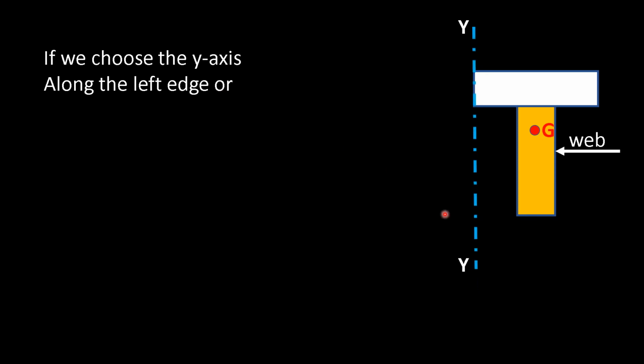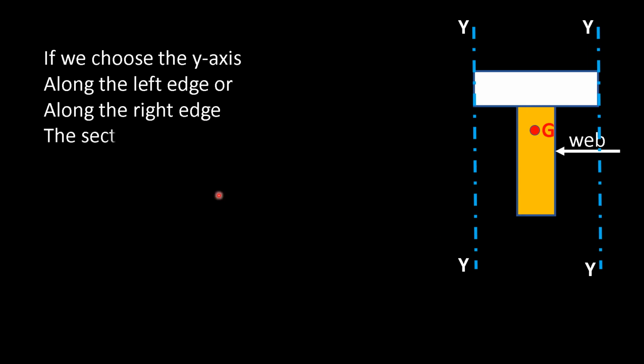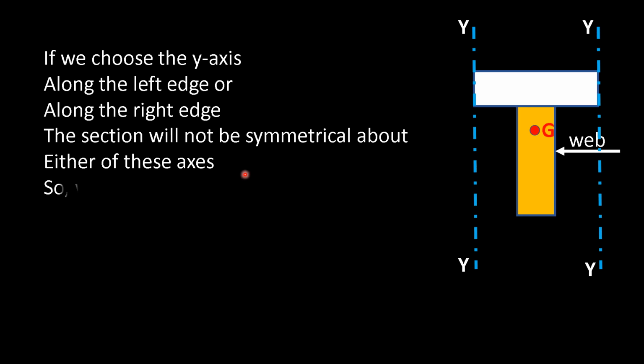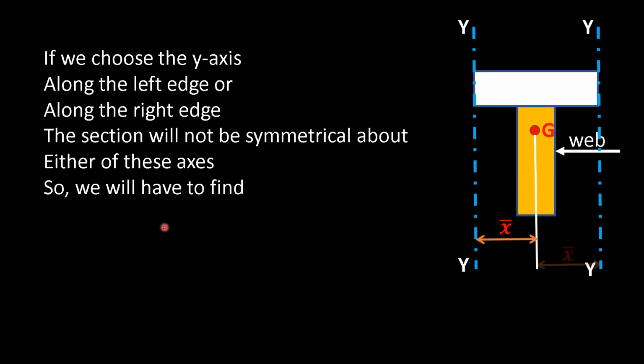If we choose the y-axis along the left edge like this, or along the right edge like this, the section will not be symmetrical about either of these axes. So we will have to find both x bar and y bar.